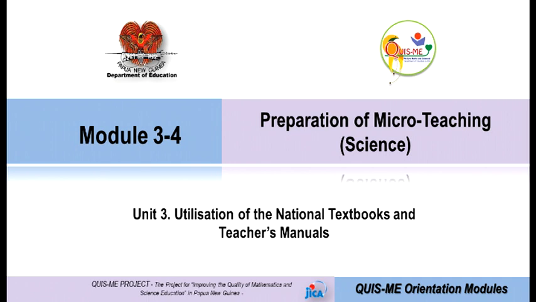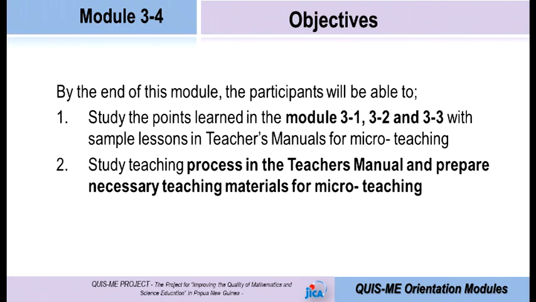Unit 3, Utilization of National Textbook and Teacher's Manual, Module 3-4, Preparation of Micro-Teaching in Science. Our objective for this module is, by the end of this module, the participants will be able to: 1.